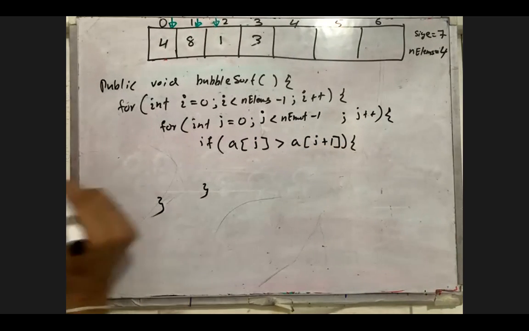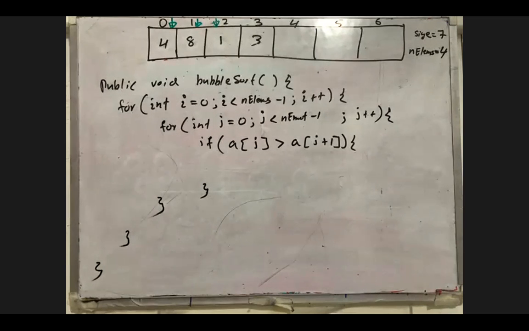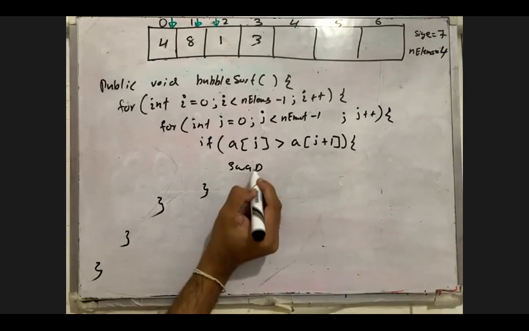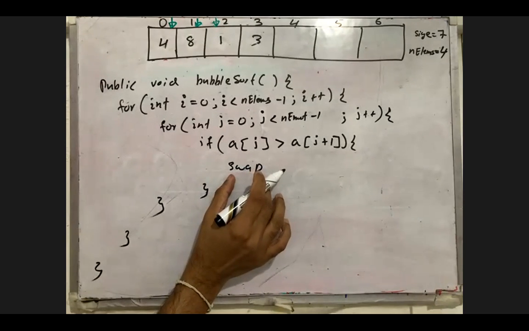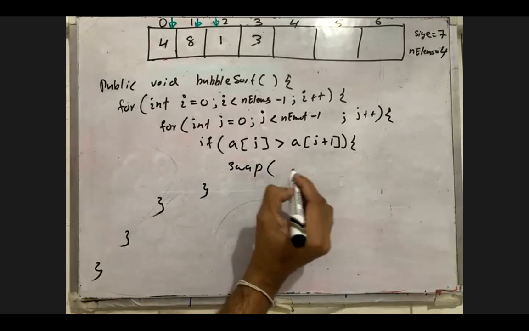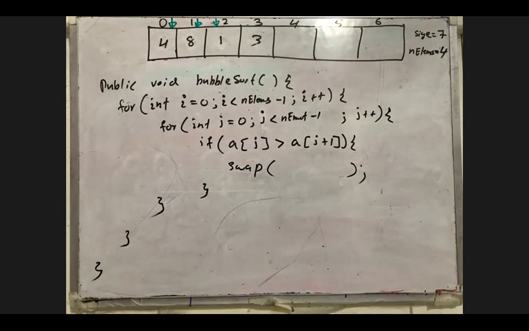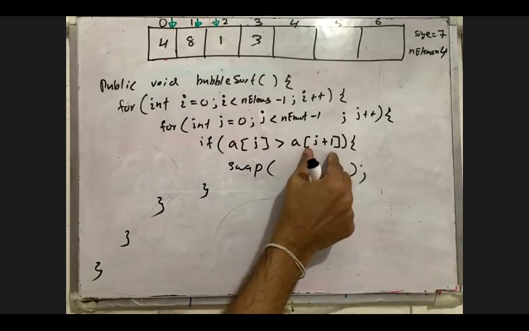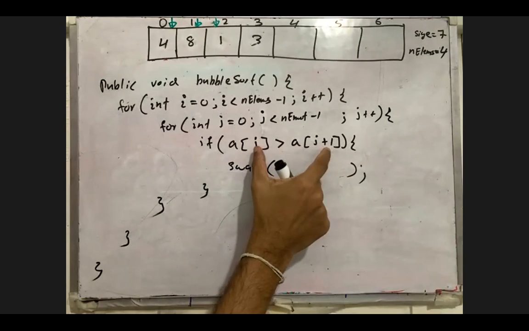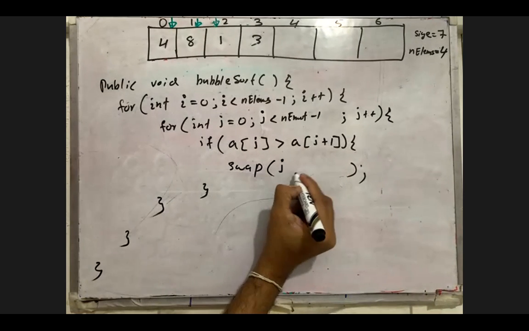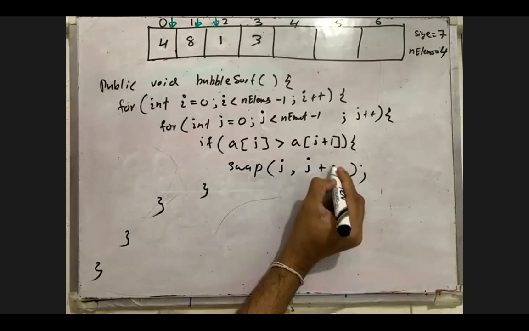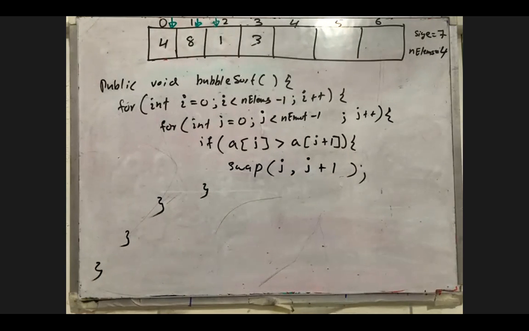If array j location is greater than array j plus 1 location, you need to swap, because you already wrote a method called swap. You can call the swap method. So you need to pass the elements. If this one is greater than this one, j and j plus 1 location, you need to swap. So j comma j plus 1 location, you need to swap.